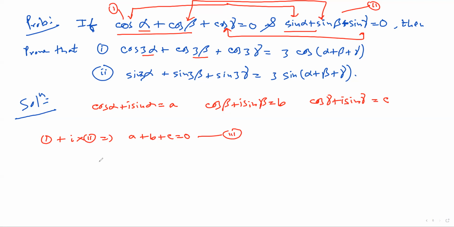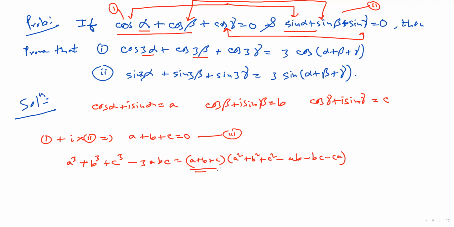Now, you have a formula for A cube plus B cube plus C cube. This is a pretty interesting and pretty famous formula. A cube plus B cube plus C cube minus 3ABC is equal to A plus B plus C into A square plus B square plus C square minus AB minus BC minus CA. A pretty useful formula in basic algebra, right?